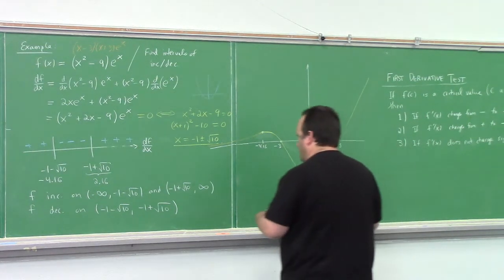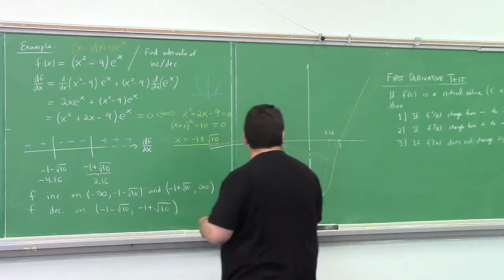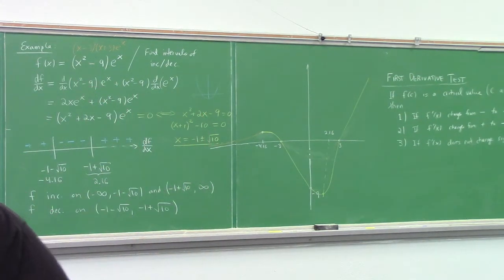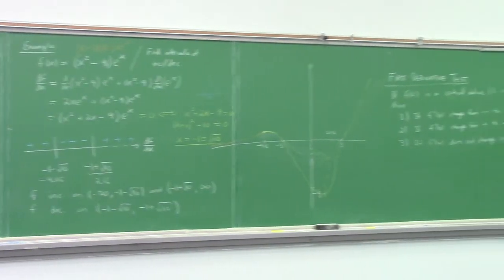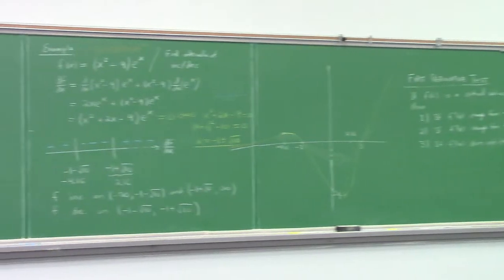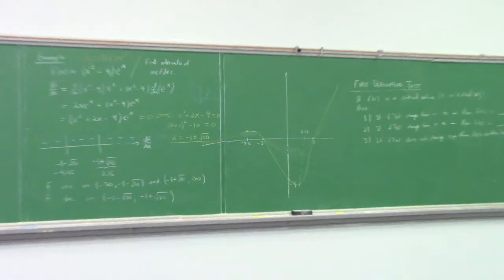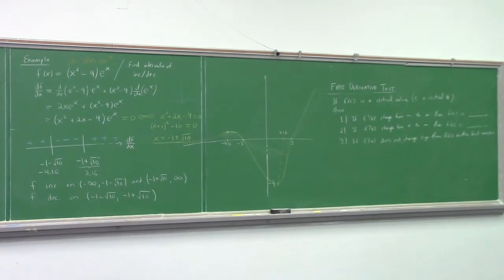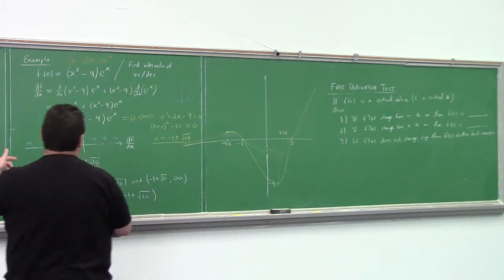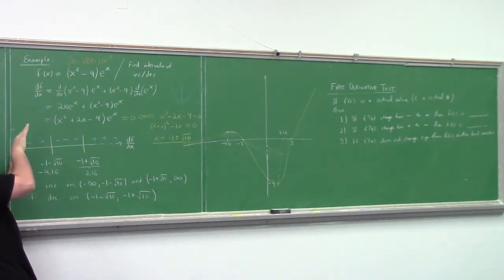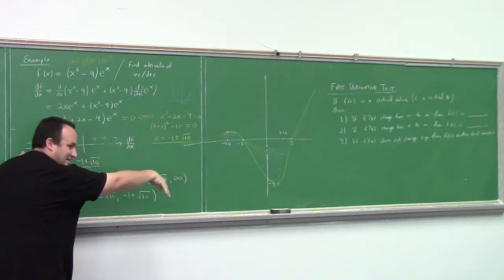So what I'm trying to get at here is, look at this, see what happened for our example? Oh, well, that table's there. So when you're going up on the left side, but you're going down on the right side, it is a maximum.